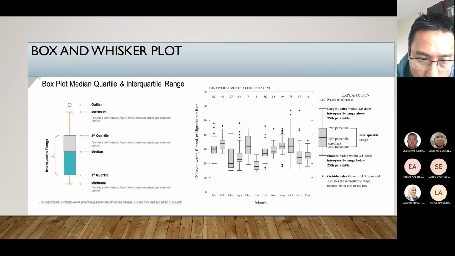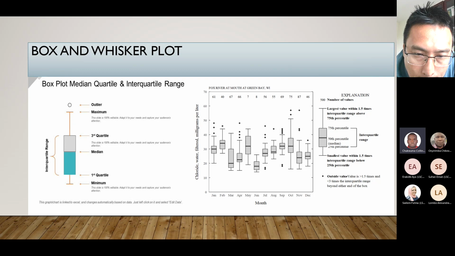From this, which of the months has got the largest outliers? September has got 6. 1, 2, 4, yeah, 6.